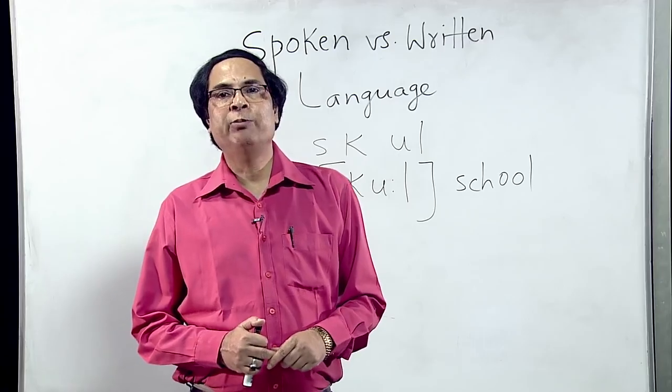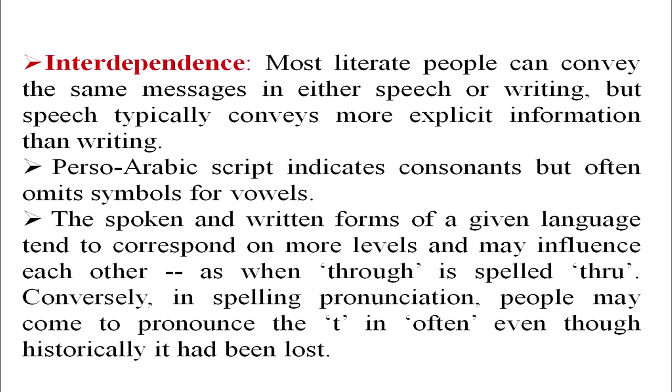Interdependence. Most literate people can convey the same messages in either speech or writing, but speech typically conveys more explicit information than writing. The Perso-Arabic script indicates consonants but often omits symbols for vowels.